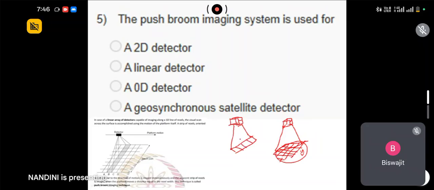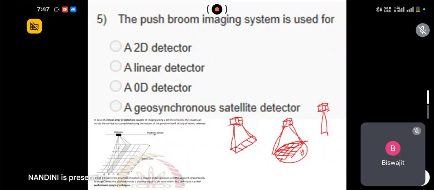So there are different ways in which a satellite measures. It can be along a single line, or a zero D detector. A zero D detector is a single point sensor, not along a line, just a single pixel, a single box.